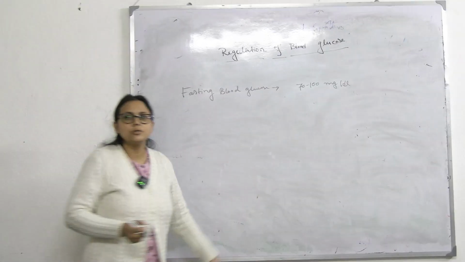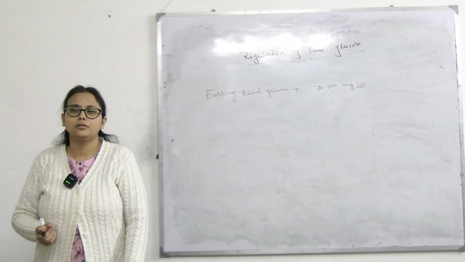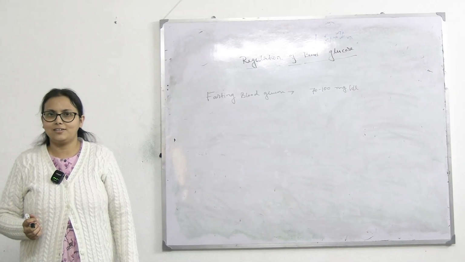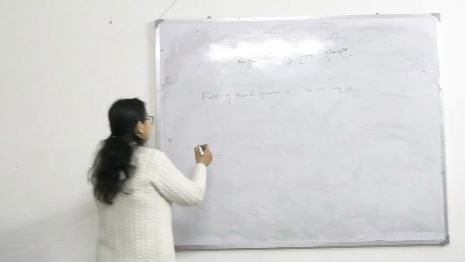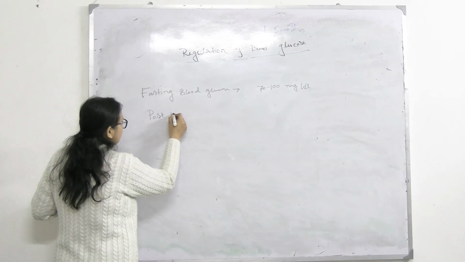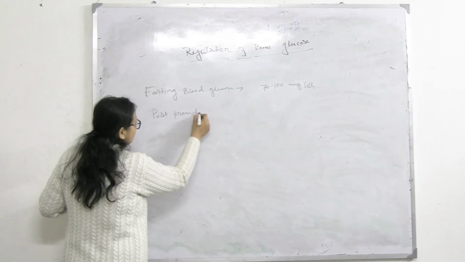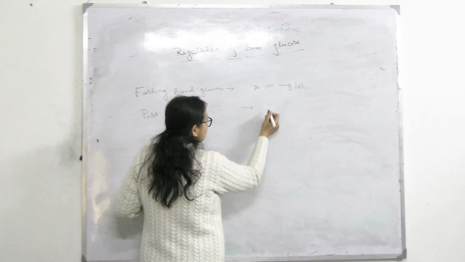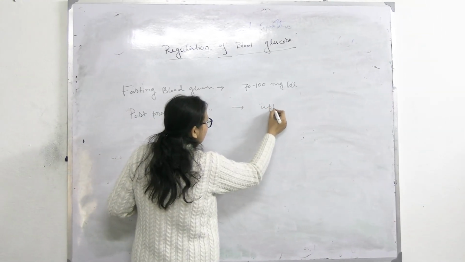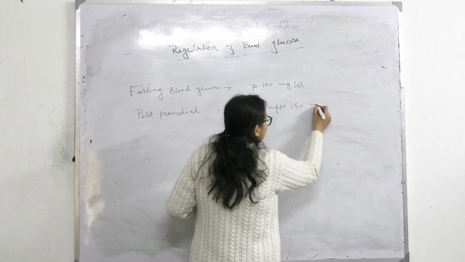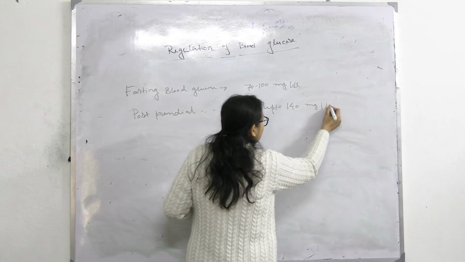And what is the postprandial blood glucose level? Not greater than, less than. Postprandial blood glucose is up to 140 milligram per dl.